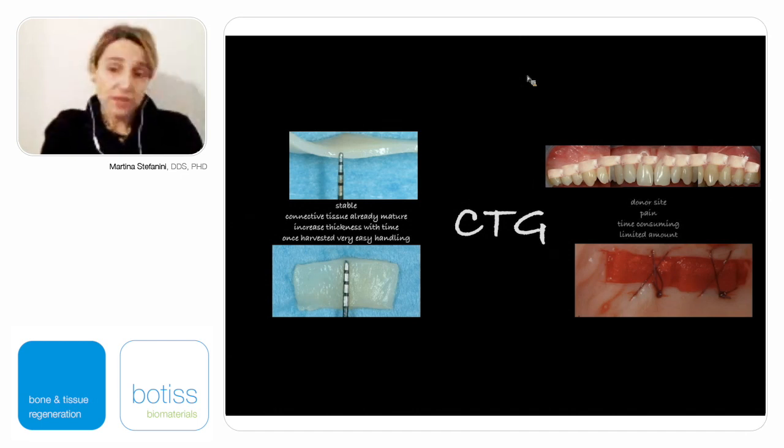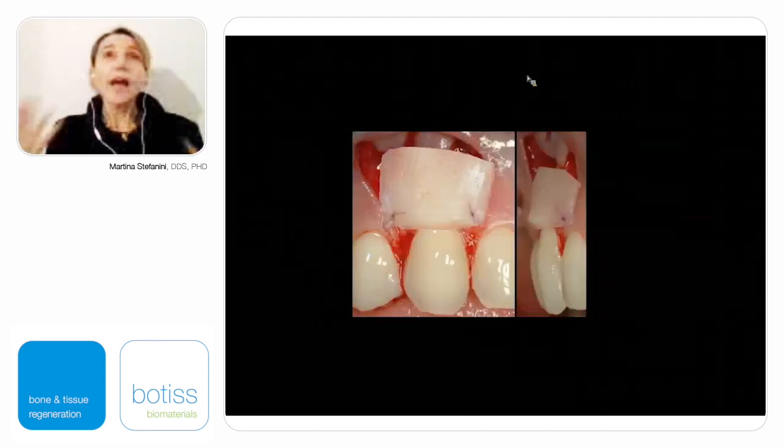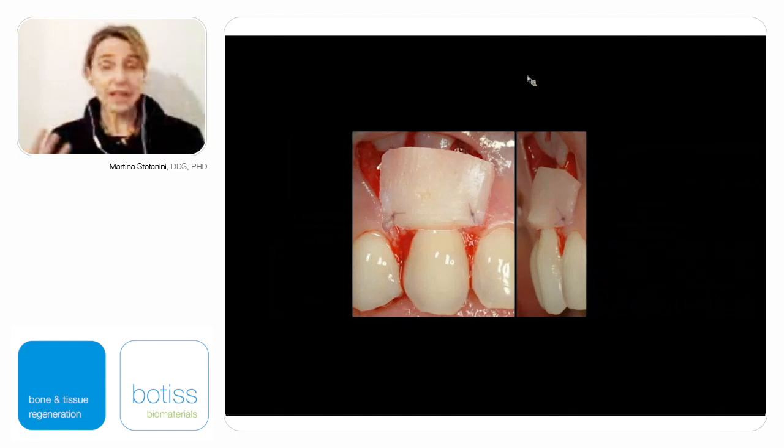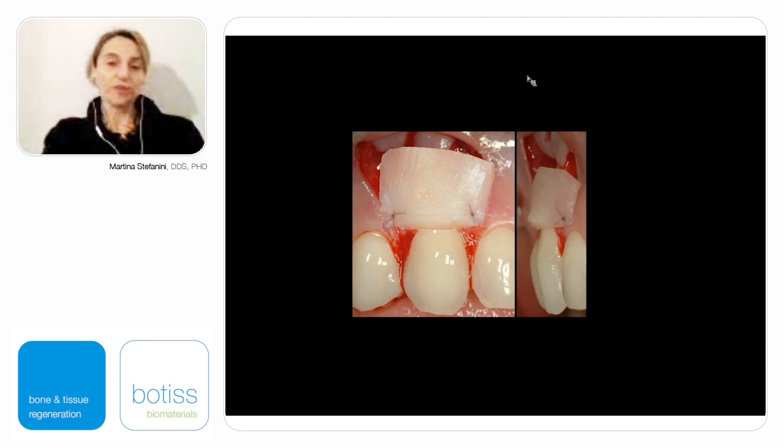And obviously, harvesting connective tissue graft from the palate is time-consuming and is also a technique that requires surgical skill for the surgeon. So what we would like to do is to reduce as much as possible the need for connective tissue graft harvesting.